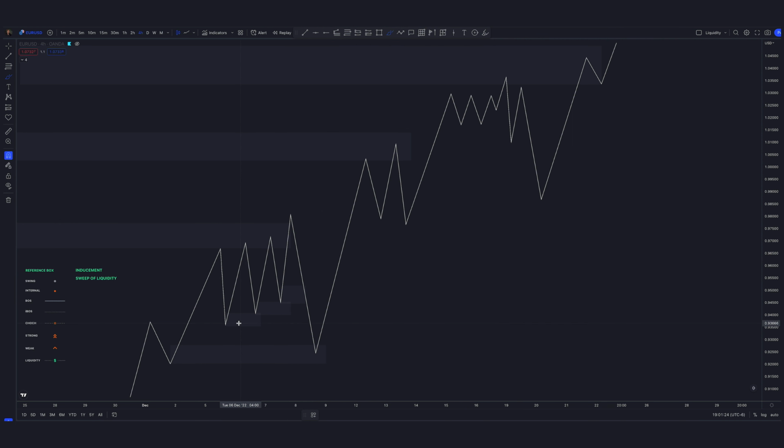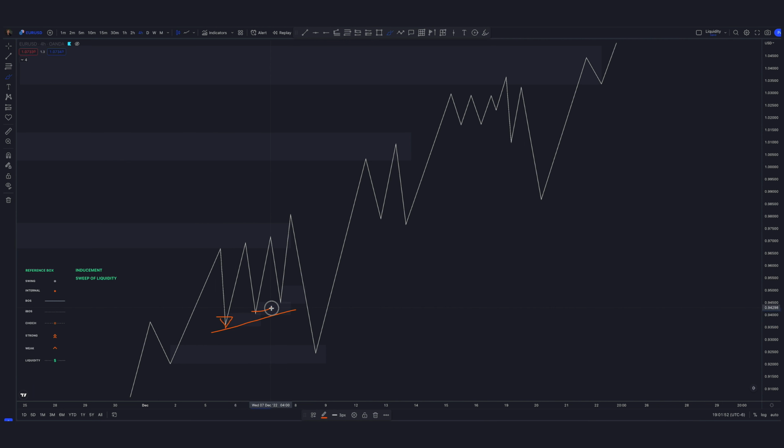The inducement is when price creates the structure, and as it continues moving, it creates the inducement. So it's inducing people, or the orders, or the price to come down here, right? It's like a magnet. It's like telling you, look at this, you see all these arrows here.